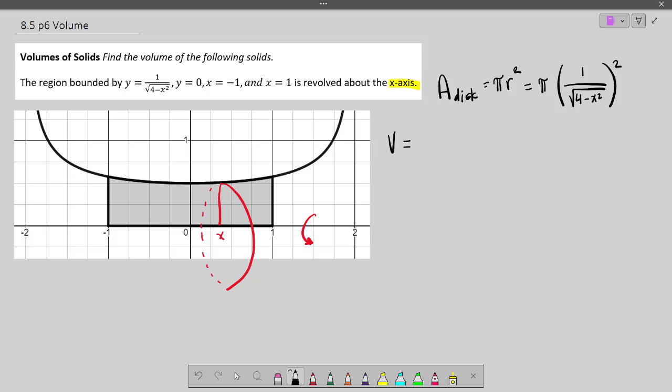And then the volume will be, let's double it, 2 times the integral from 0 to 1 of the area. That's going to be pi divided by 4 minus x squared. Wow, that all simplified pretty nicely. So we get that.